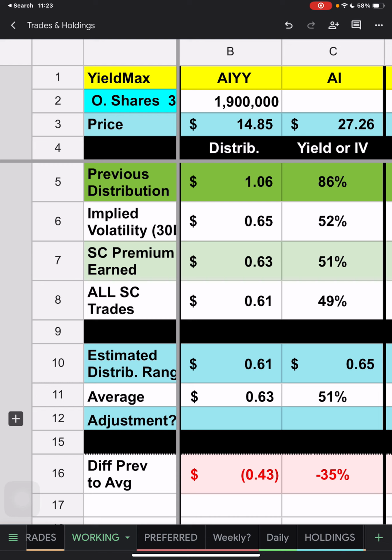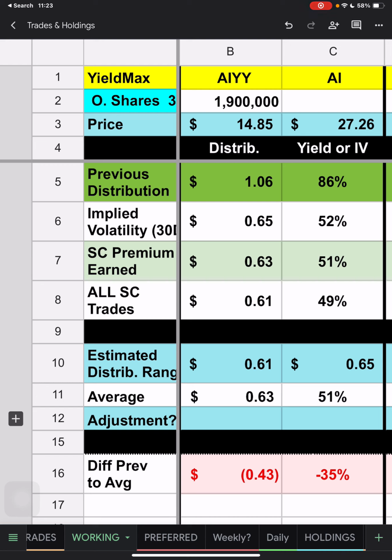But then the next line, so again, previous distribution, implied volatility only. And then we go into the short call premium earned. So this is when they sell that call that week based on the IV for that week. This is the money that they have earned, the premium they have brought in to the fund.